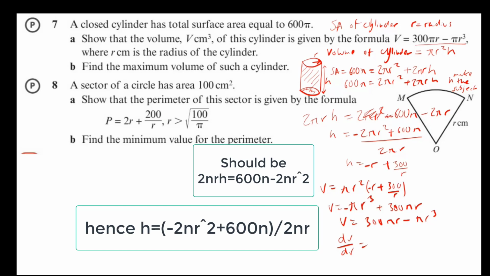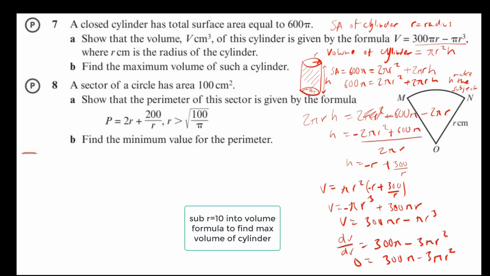Pi is just a constant as well, so we're going to get left with 300 pi minus 3 pi r squared. Set that to 0 and solve, and we'll get eventually r equals 10, because I'm going to run out of space. And then when you get r equals 10, just substitute r equals 10 into the volume formula, and you get the answer.